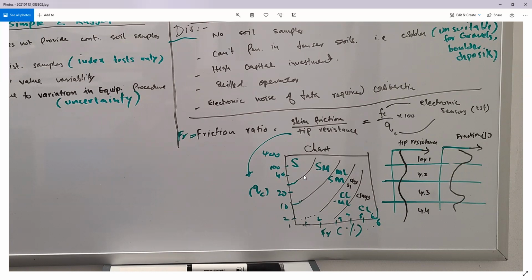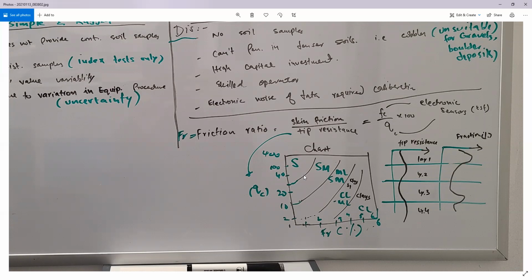Skin friction is normally denoted as fs and tip resistance is denoted as qc. And in the field, during the test, we have electronic sensors that provide us these values.